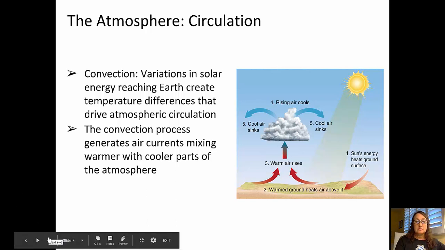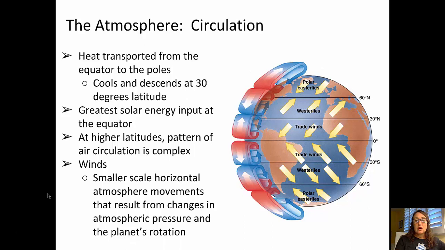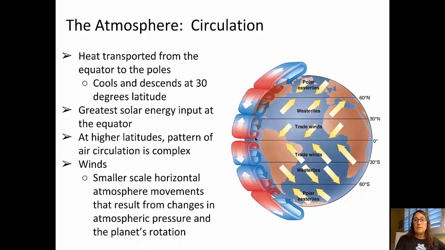down towards the surface. You can see in a more global way the pattern of atmospheric circulation. So starting at the equator, there is a convection circulation of trade winds, with warm air rising at the equator and then sinking at about 30 degrees north or south latitude.